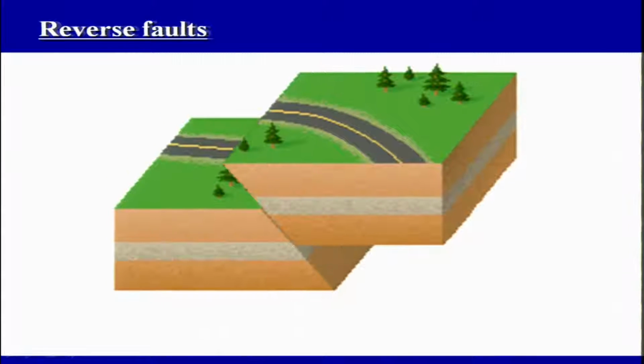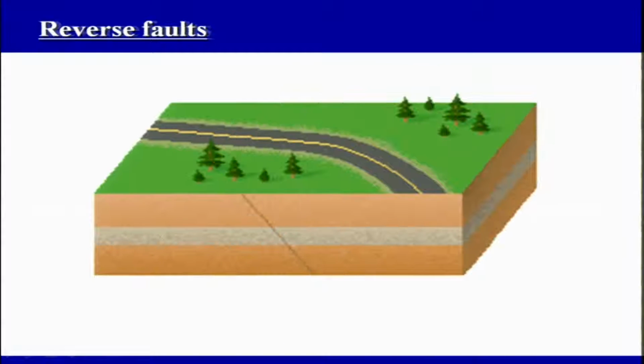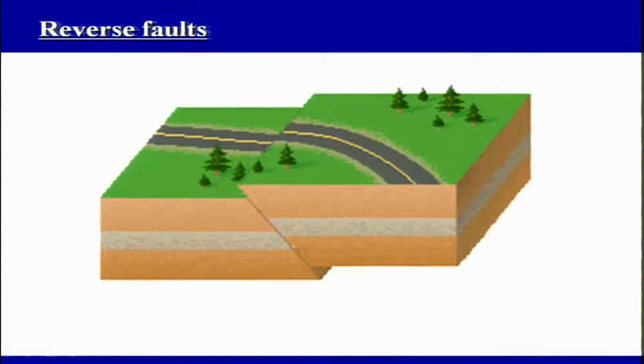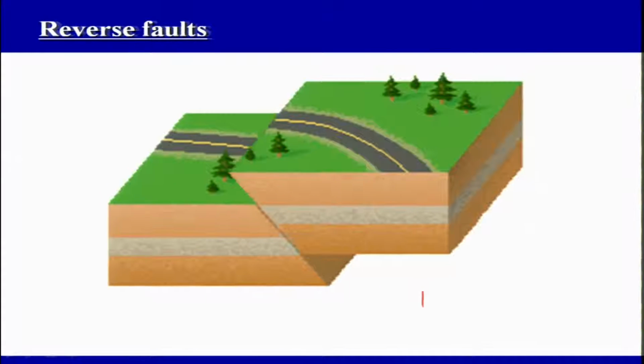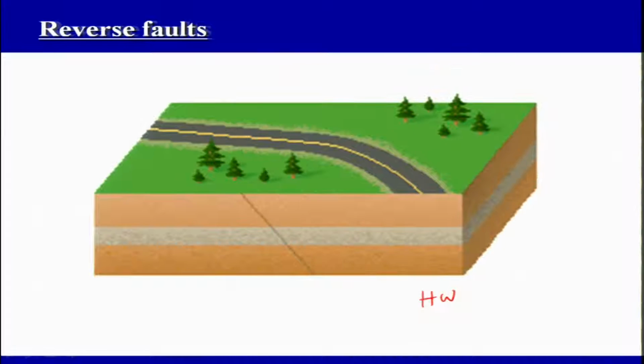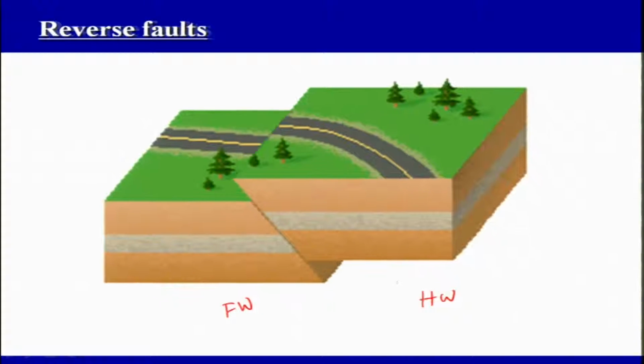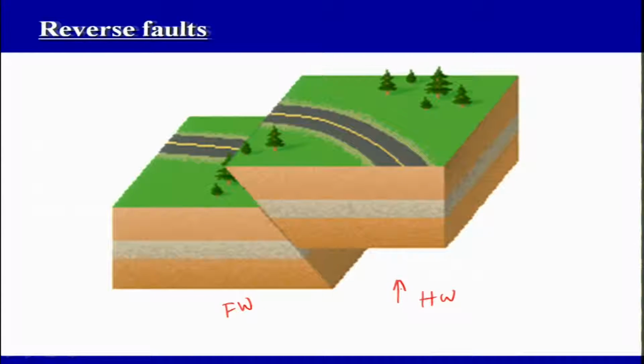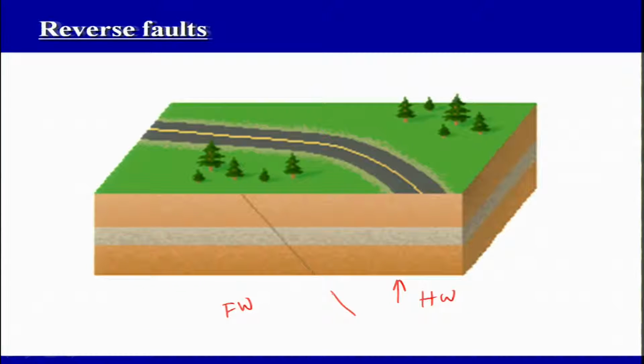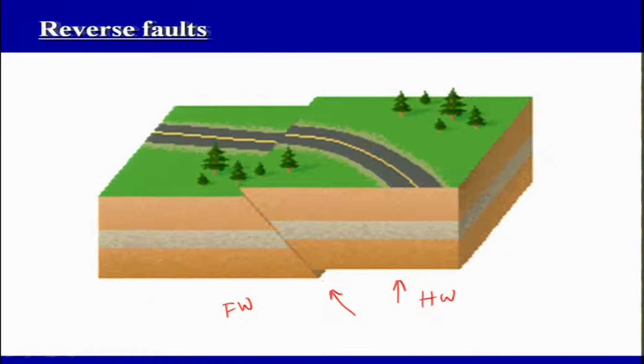So here it is reverse, what we see in the normal fault. Okay. So this is your hanging wall and this is your footwall. So this block has moved up along the fault plane.